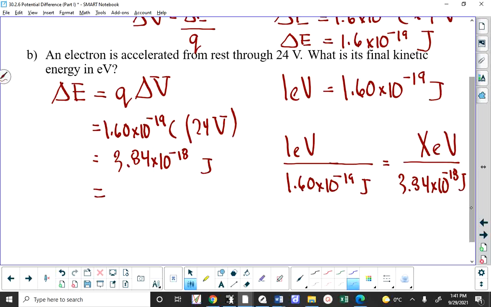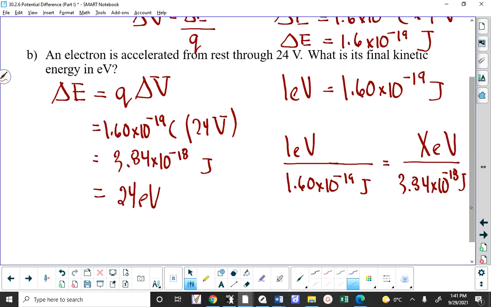We didn't need to do all this. This is the advantage of using electron volts. Electrons are very common in our universe and in physics 30. When you have an electron accelerated through 1 volt, if the energy is 1 electron volt, then when an electron is accelerated through 24 volts, it's 24 electron volts. And if you want to figure it out in joules, just convert it to joules.